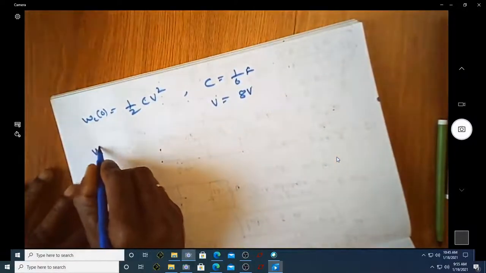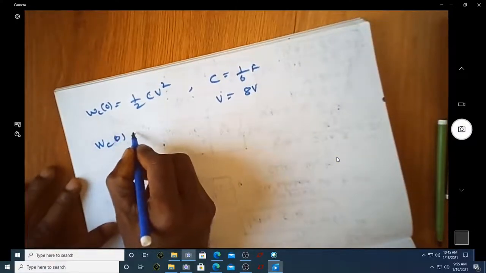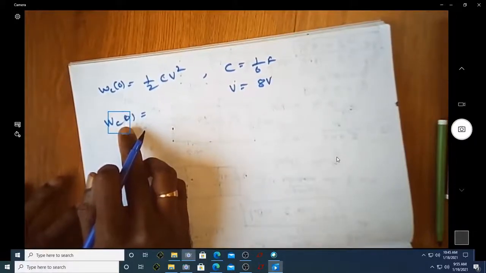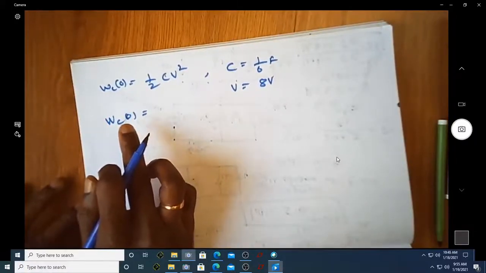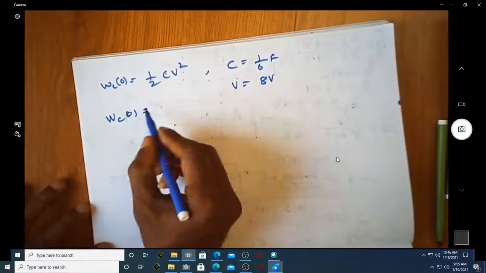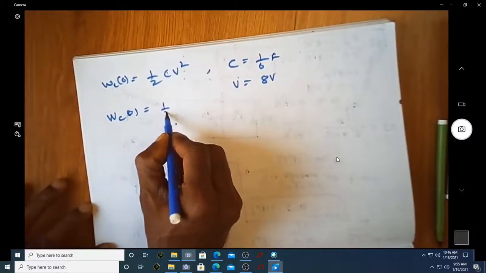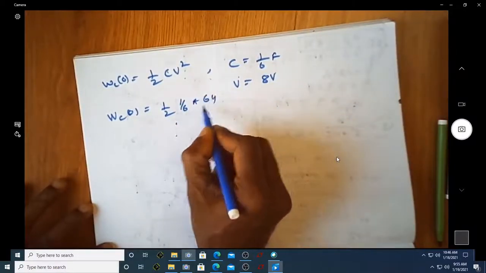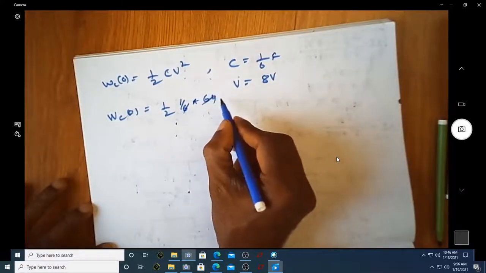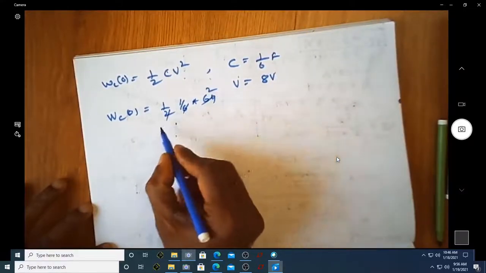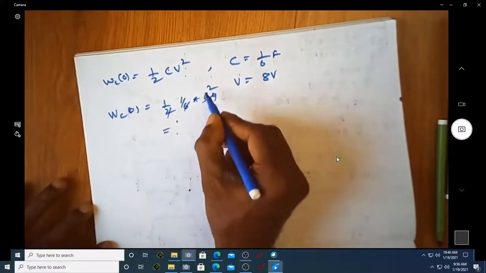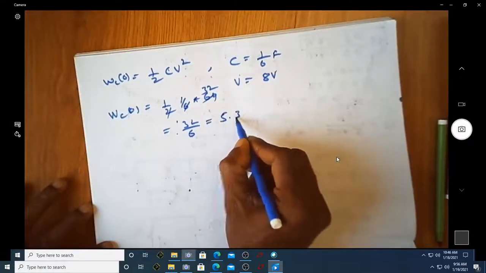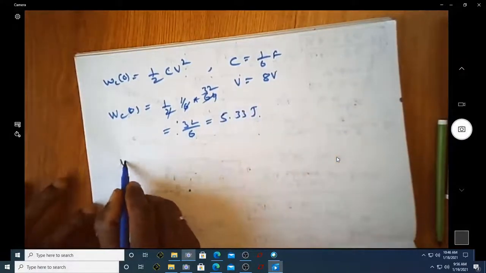So naturally, just before the opening of this switch, what is the energy stored in this capacitor? It is half into 1 over 6 multiplied by 64. This is now 2, so you end up with 32 by 6, which happens to be 5.33 joules of energy stored.